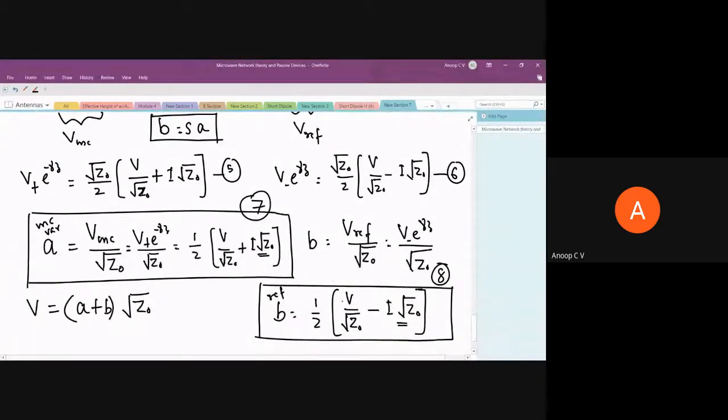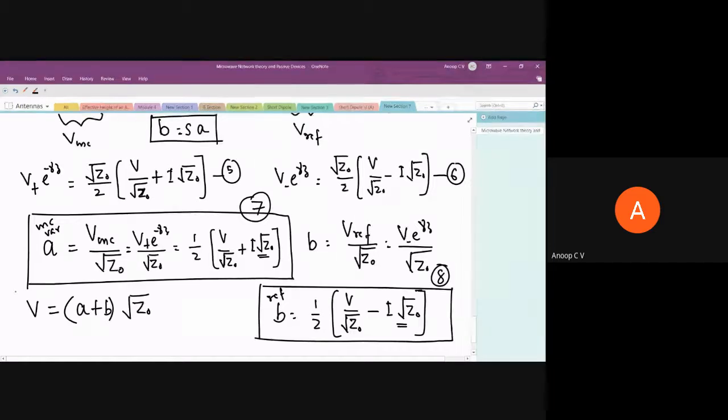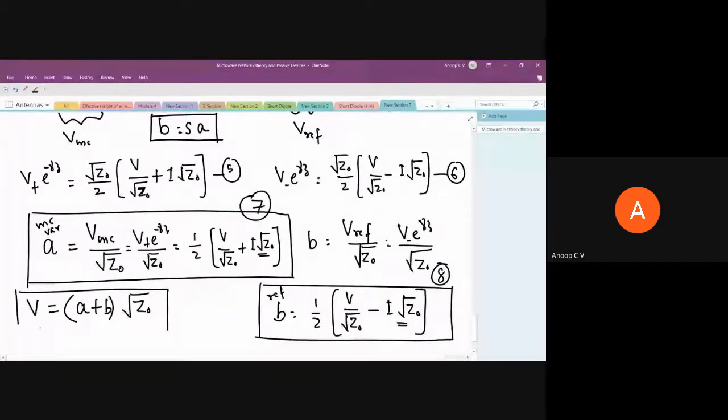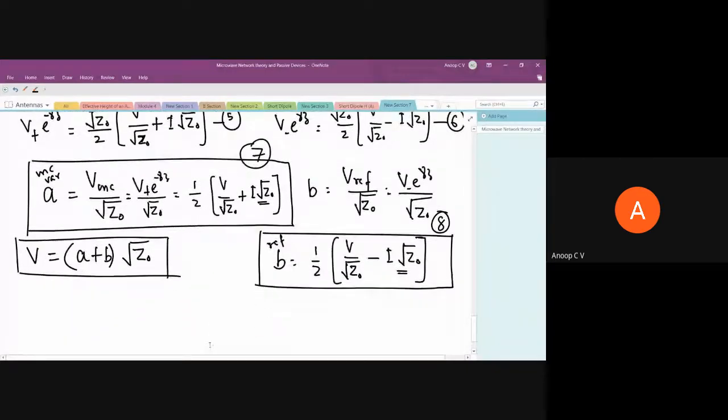So A plus B is V by root Z naught, so V is A plus B times root Z naught. That's how I can represent V in terms of A and B. Please note it down. It's very, very important.